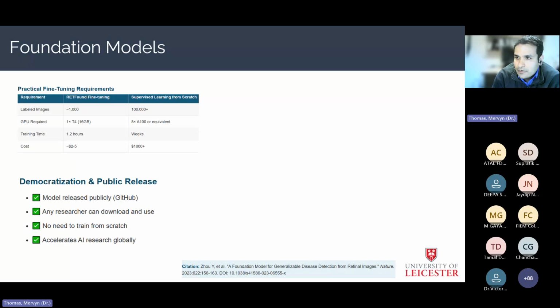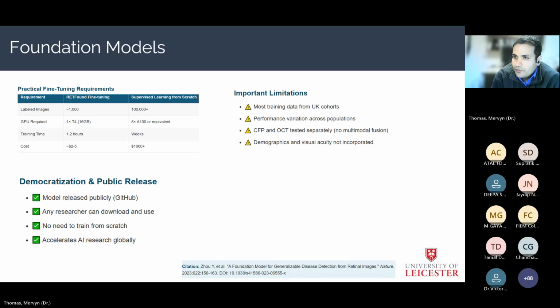Now, the great thing about this study was actually the democratization and public release. So this model, as I said, is publicly available. Any researchers can use it, and it really does accelerate AI research globally. On the other hand, it did highlight some important limitations. Most of the training data was UK cohorts, with performance variation across populations.